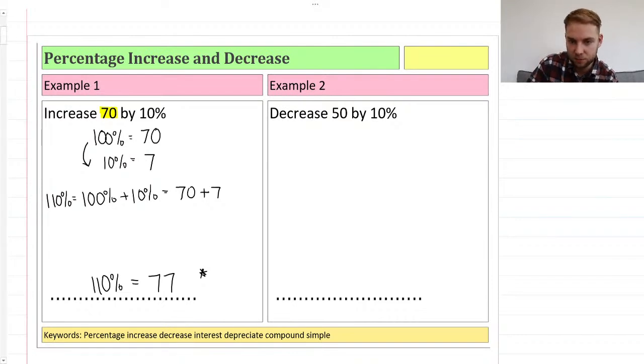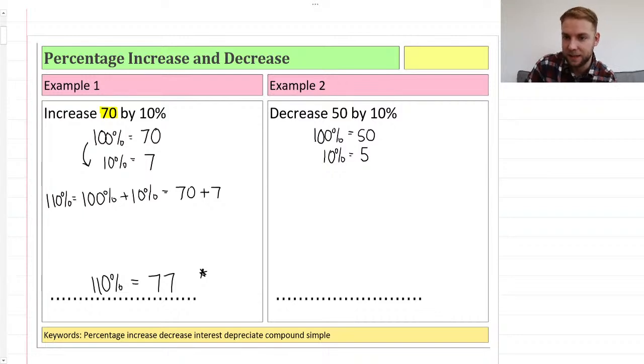So let's have a look at this next one here then. Decrease by 10%. So first of all, I know that the 50 represents 100%. That's the whole amount. I'm then going to need to find 10%, which is equal to this divided by 10, which is 5. And if I'm doing a decrease by 10%, that means it's going to be 90%.